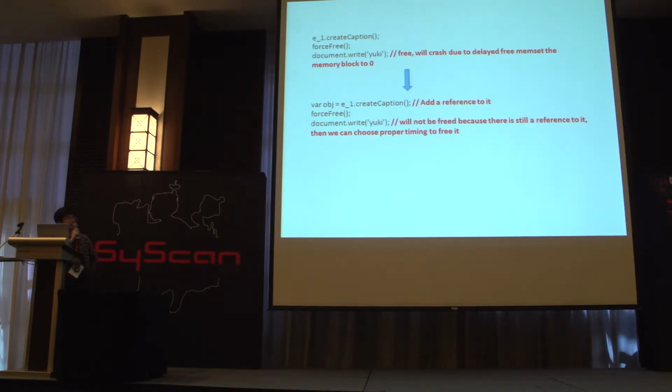And we can adjust this POC like this. We add a reference to this object first. So when executing the statement document.write, it will not be freed immediately, and we can avoid the crash. And later, we let it be freed in another code path, and we can use this bug to achieve code execution.